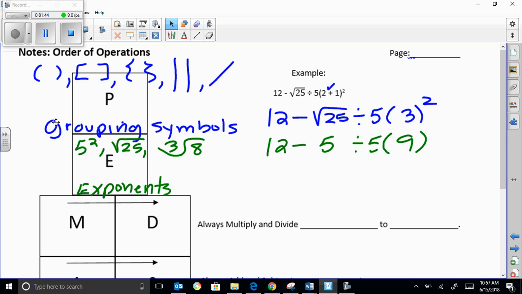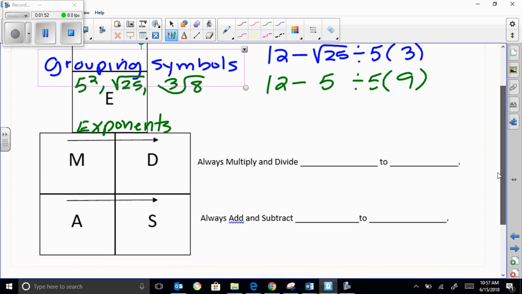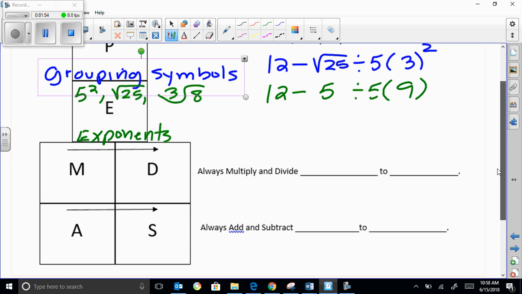Okay? This is where sometimes we get confused on order of operations. Our next step says MD, and it stands for multiply and divide from left to right, whichever comes first.